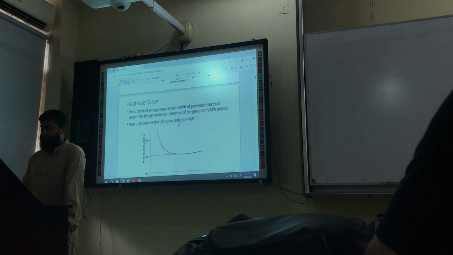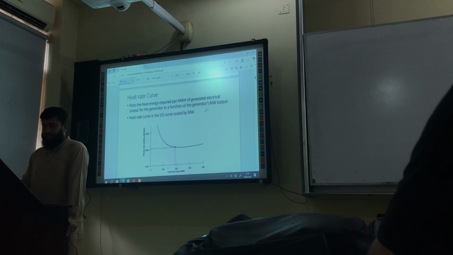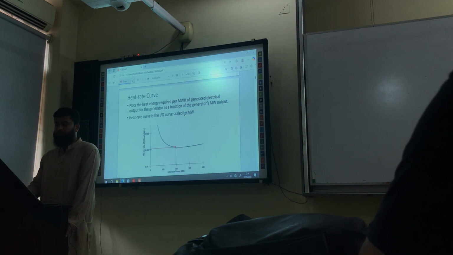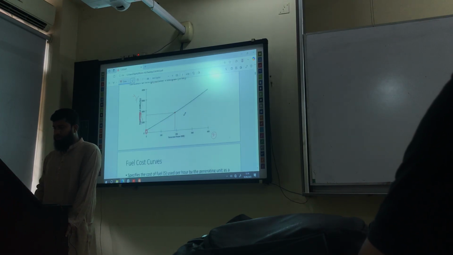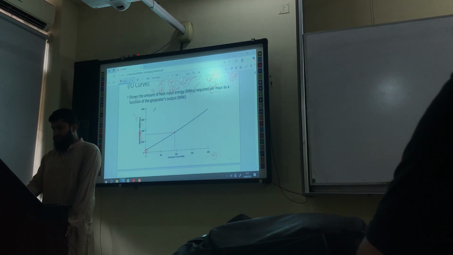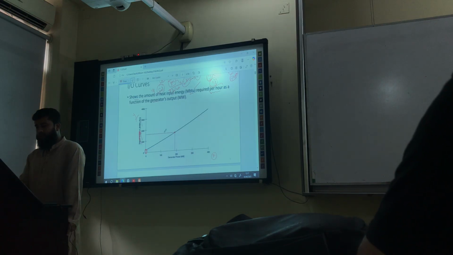Now the heat rate curve. What is the heat rate curve? This heat rate curve is the input-output curve scaled by megawatt. What is the meaning of this? That means you will take this input-output curve, then you will divide it by megawatt, or by the generation.